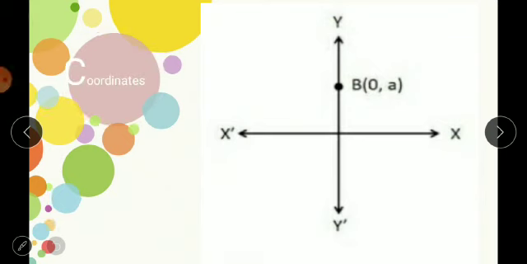Now the coordinates of a point on the y-axis are of the form 0, a or 0, y. It means the x coordinate of all the points on the y-axis is 0.